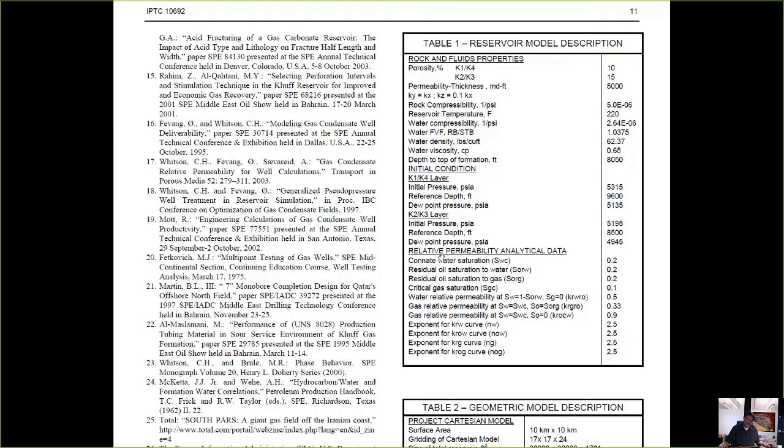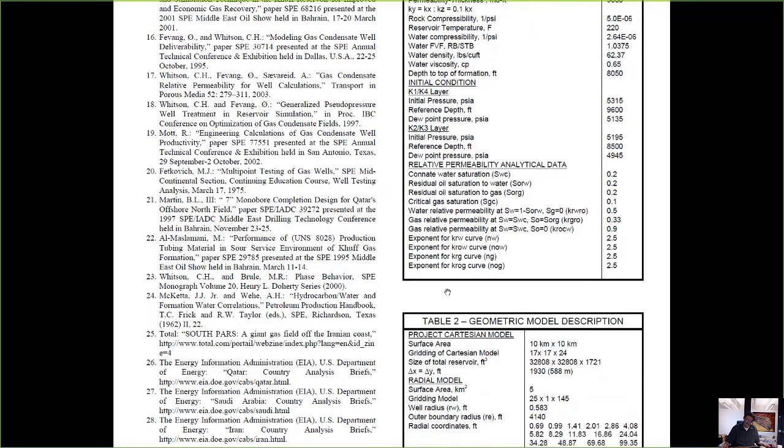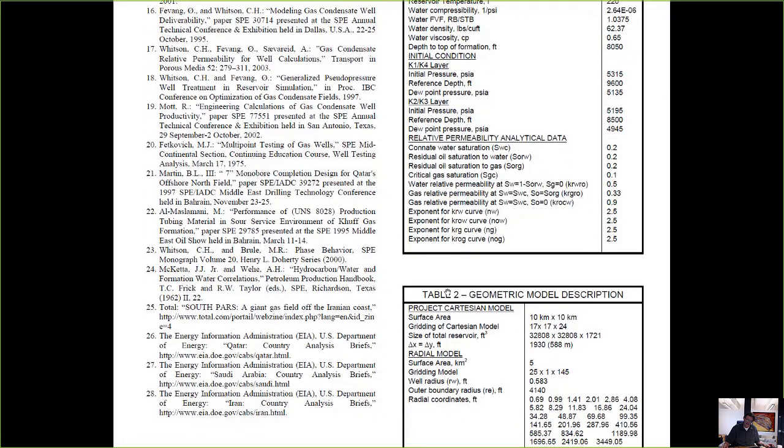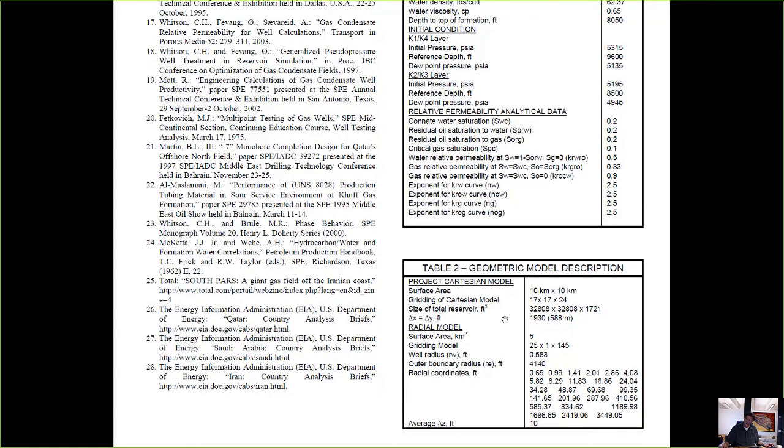Go down a bit. Size of total reservoir. And that's probably the last part. The height.